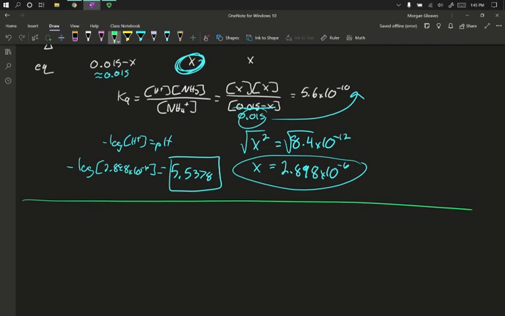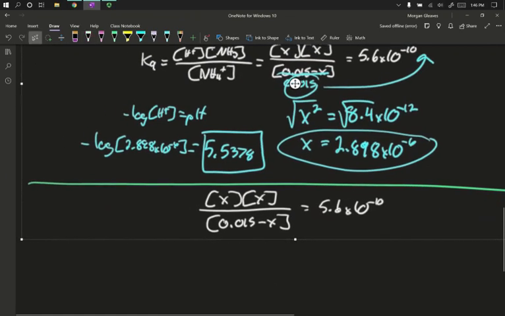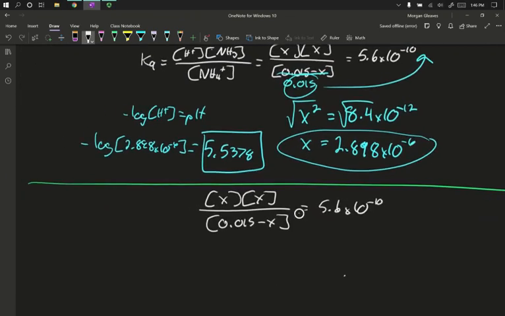What if we don't make it? What if we end up with x for our products and 0.015 minus x for our reactant is equal to 5.6 times 10 to the minus 10. And this time, we don't simplify. Well, I'm going to multiply this bottom part up.